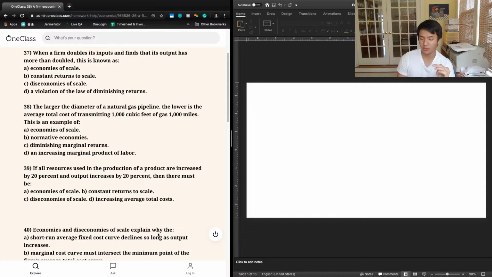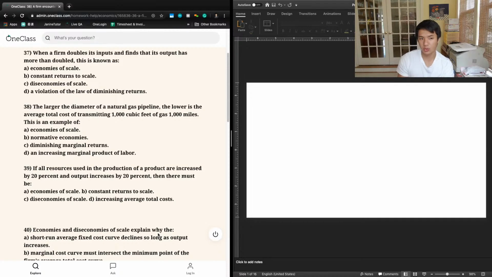And what the law of diminishing returns says is that when you start to increase your inputs, for example, labor, each additional increase in input should decrease the overall production or output marginally for each marginal increase in inputs.